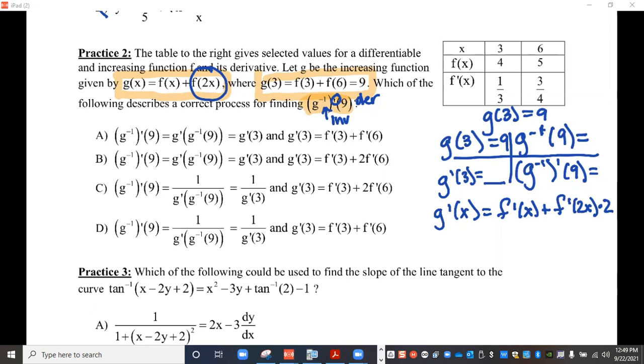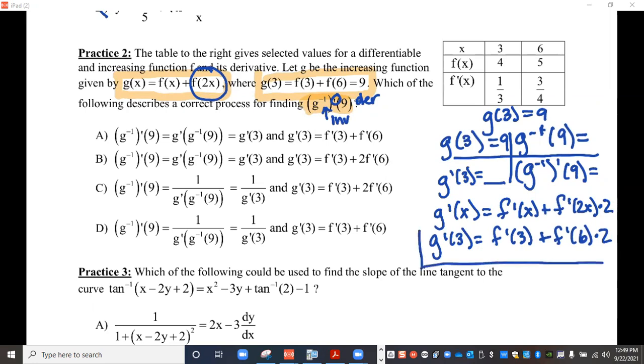Then I can find g prime of 3 by plugging in a 3 for x. So g prime of 3 is equal to f prime of 3 plus f prime of 6 times 2. This is what I would need to do. And then if I can find g prime of 3, it's a matter of taking the reciprocal to find the value of the derivative of the inverse.